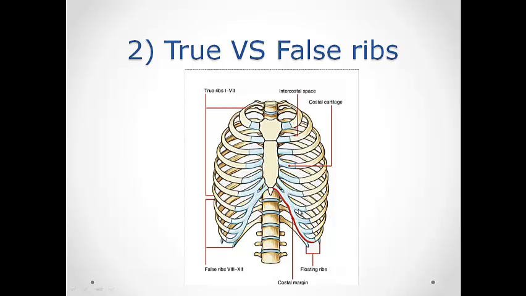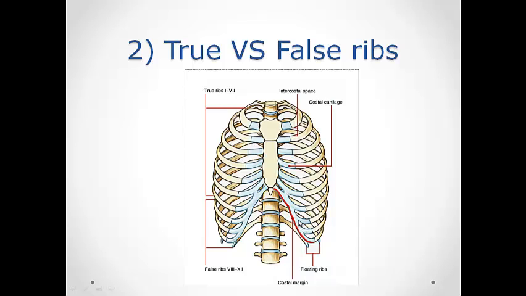What happens with rib number 8, which is down here, is that the costal cartilage, instead of going directly into the sternum, it actually fuses with the costal cartilage that's above it. So it goes in there, and then that one continues upwards. And then the same thing applies to rib number 9.